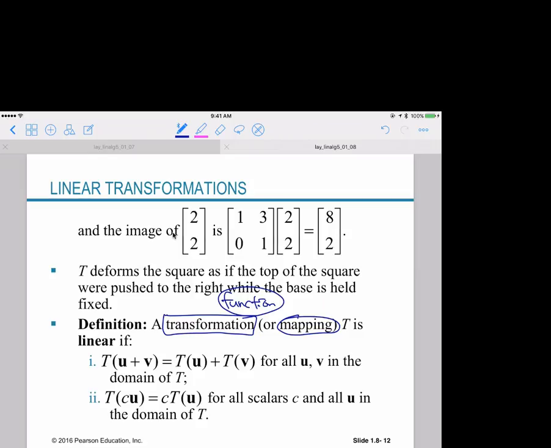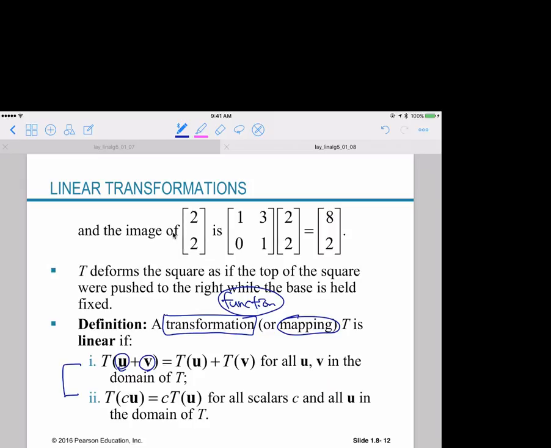Let's look at the conditions or requirements for a transformation to be linear. In order for a particular transformation to be linear, it has to satisfy these two conditions.